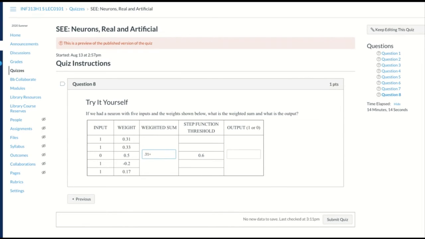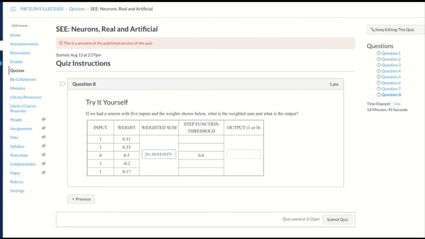0.31 plus 0.33. Now, notice that there's a 0 in the third input, therefore I just skip it because it's the weight times the input. So the 0 inputs cause nothing to be contributed. And that's going to be minus 0.2, is 1 times minus 0.2, and then plus 0.17.